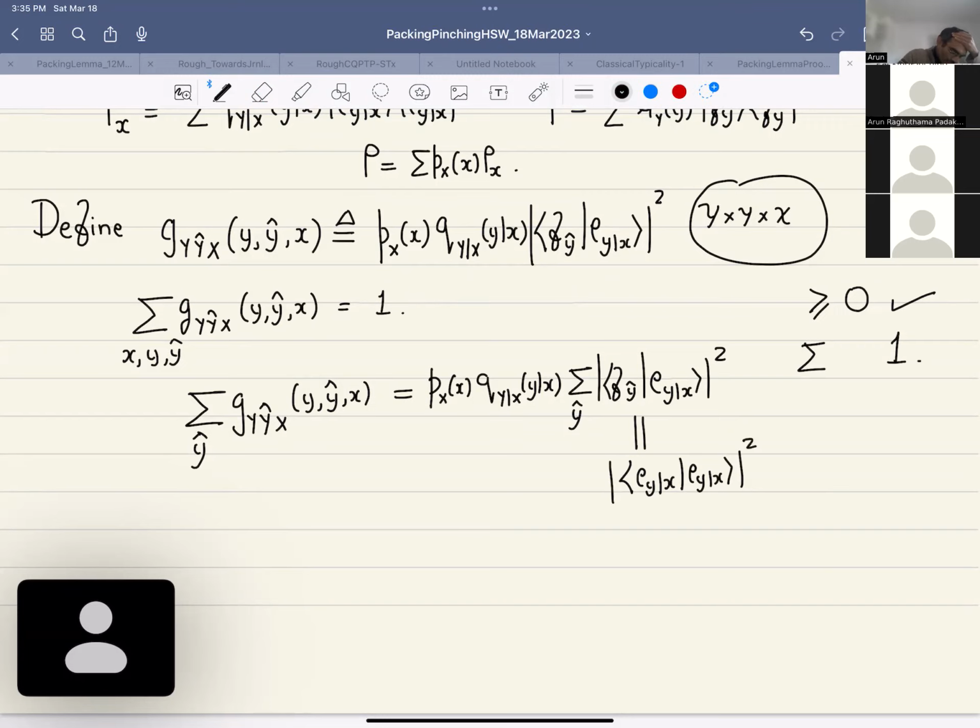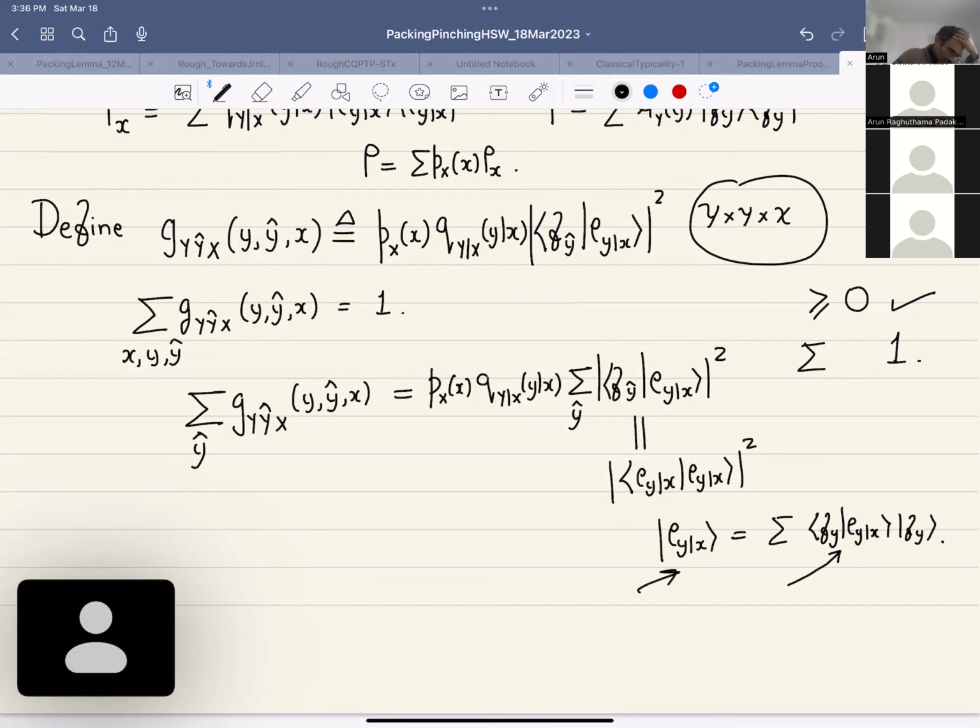Recall Ey given x can be written like this. So when I sum the norm squared of this, I'm going to get 1.